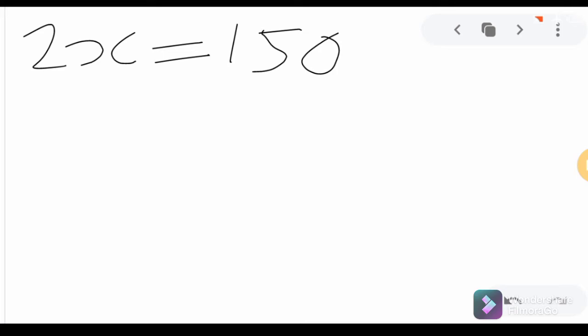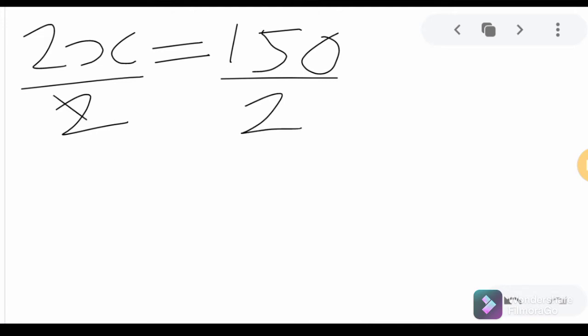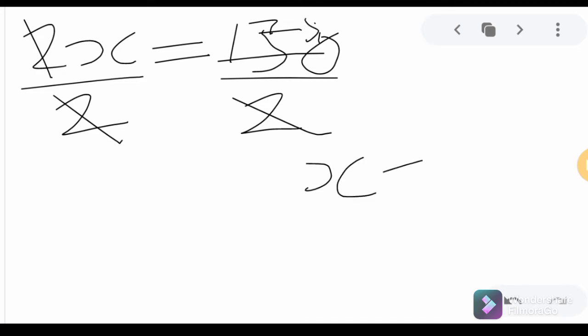Divide both sides by the coefficient of x, which is 2. The 2 cancels the 2. 2 into 150: we have 7, bring 1 here, that's 5, which means our x is actually 75 degrees. Great, we solved that one.